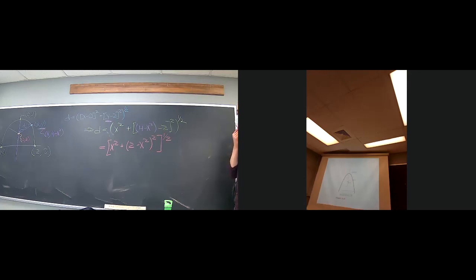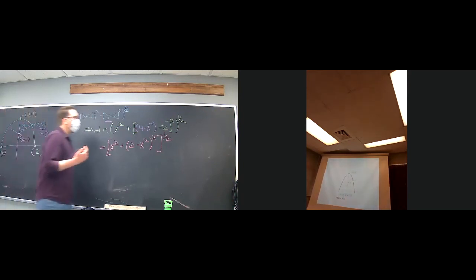Now, question. If we want to minimize this, do we have to actually consider everything, or can we just work a part of this? What I'm trying to ask is, can we just pull out what's underneath the radical and work on that instead? Should be able to, right?